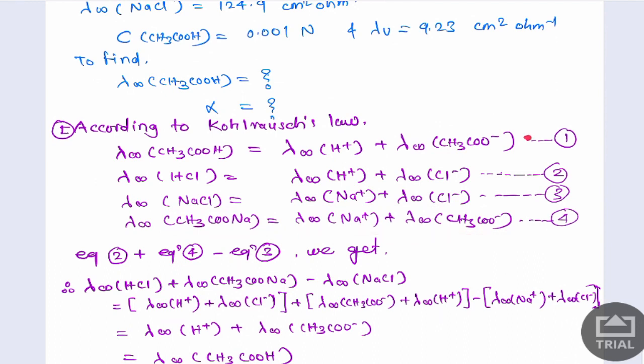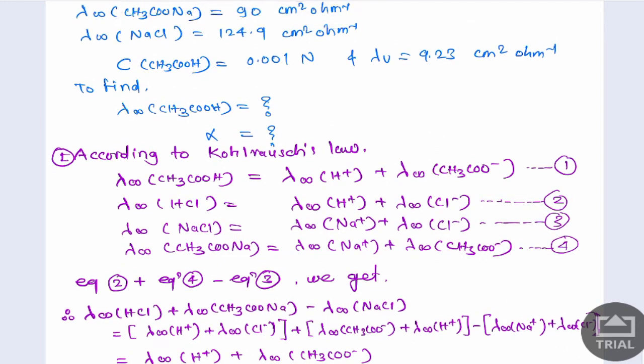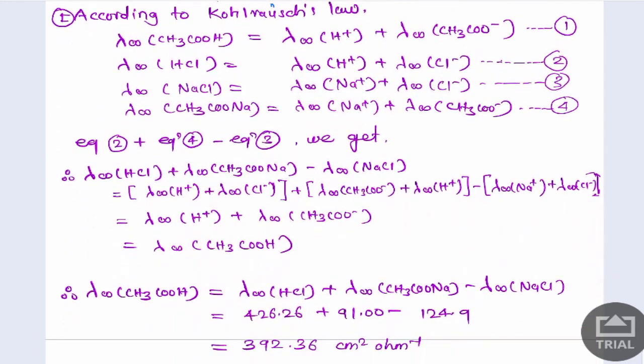Let us call these equation 1, equation 2, equation 3, equation 4. So equation 2 plus equation 4 minus equation 3, then we get lambda infinity of HCl plus lambda infinity of sodium acetate minus lambda infinity of NaCl. Let us put the dissociation here.